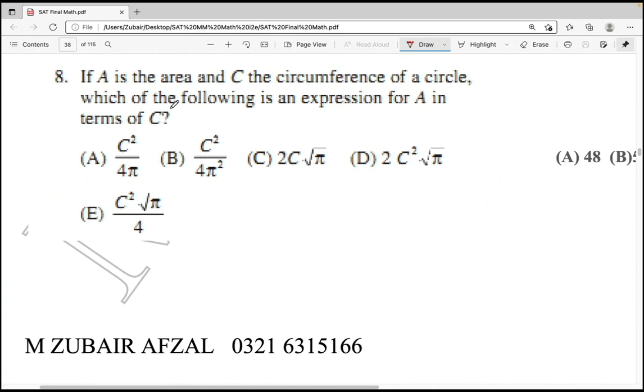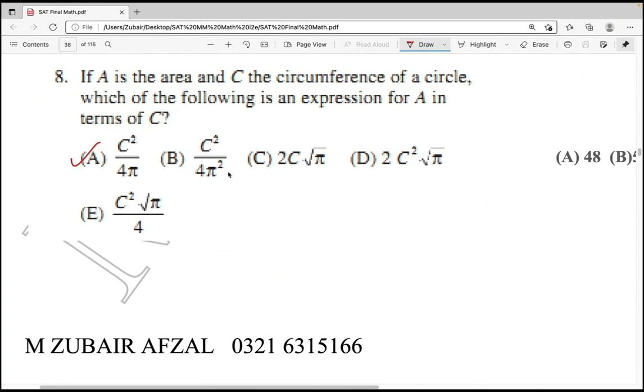Is the answer A? Yes. Is it working? Yes, sir, but in this question, I think I used pi r. Okay, but how did you do it?